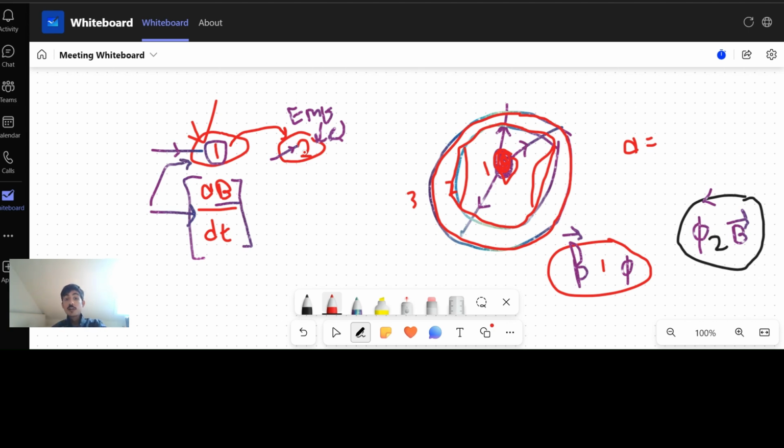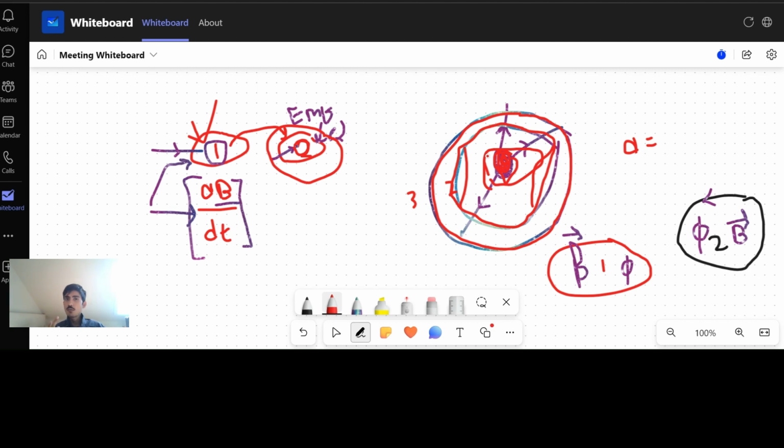But actually flux is confined to loop 1, so the flux change in loop 1 is the same as the flux change in loop 2, no matter if I increase or decrease the size, because of the divergence. No matter if I create this big or small, the amount that flows out is the same. That is why we are concerned about the second loop.